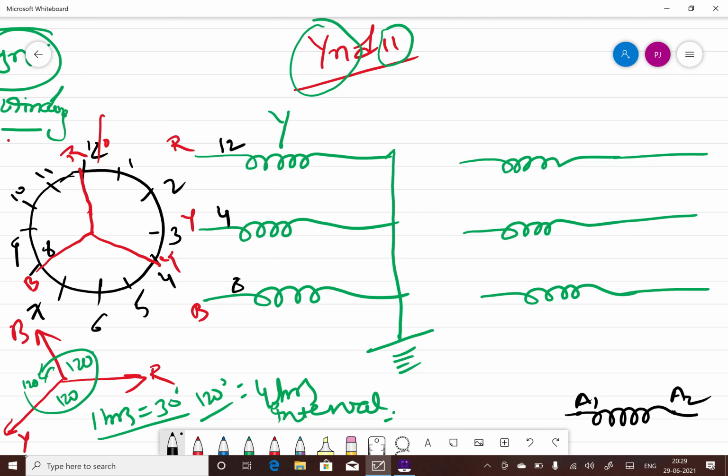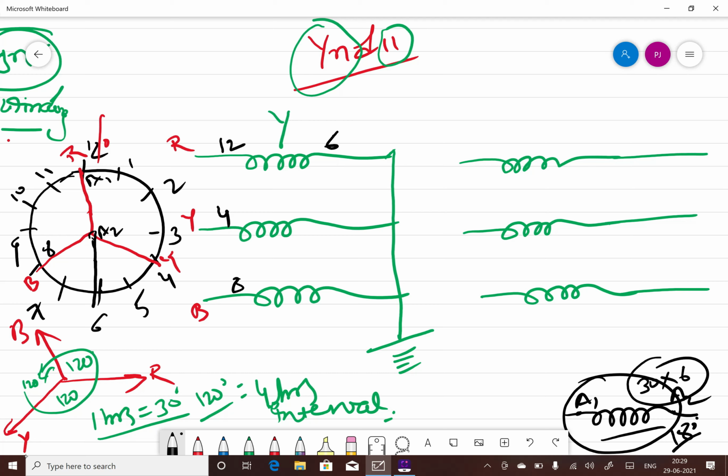If this represents A1, then A2, if you extrapolate over here, must be connected to 6. Why is it connected to 6? Because A1, A2 are in the same plane. Same plane means 180 degree, and 180 degree means 30 into 6. So for R phase, it will come down to 6. So R phase will be 12, 6. Similarly, Y phase 4, 10, and B phase will be 8, 2. So this is your star side.